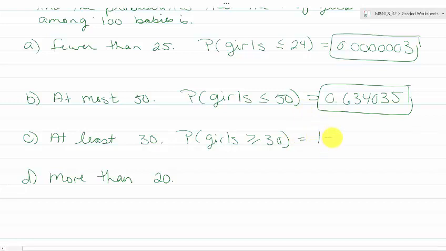It would be 1 minus the probability that girls is less than or equal to something. This probability is from 30 on up, so we want to split this exactly into two groups. So we would need to go less than or equal to 29.